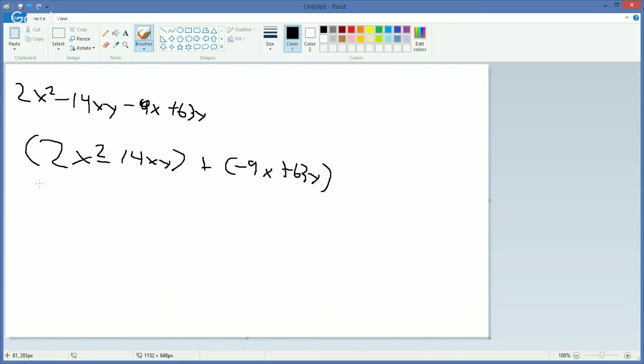No worries. That's going to be 2x, open bracket, x minus 7y, close bracket, plus minus 9, open bracket, x minus 7y, because 9 goes into 63 seven times. So that will leave us overall with x minus 7y.